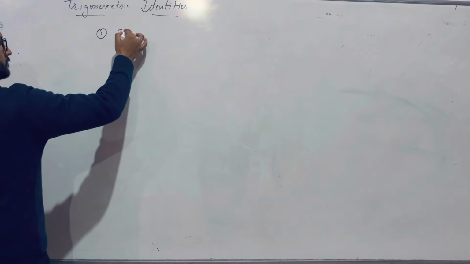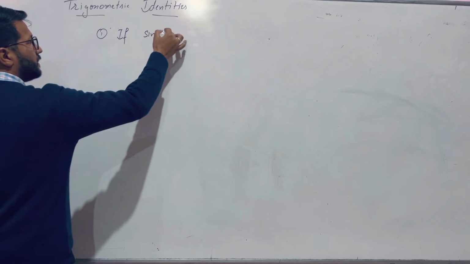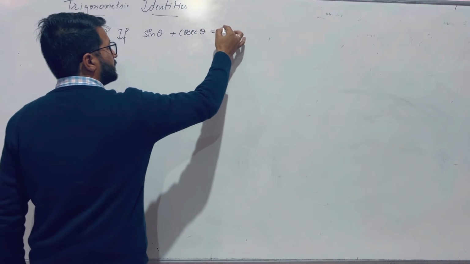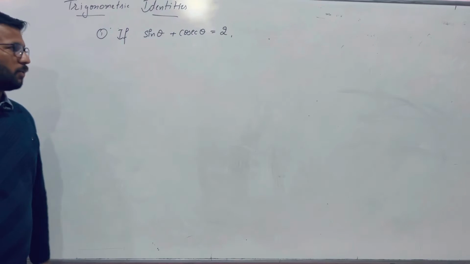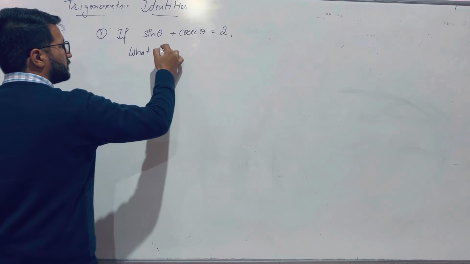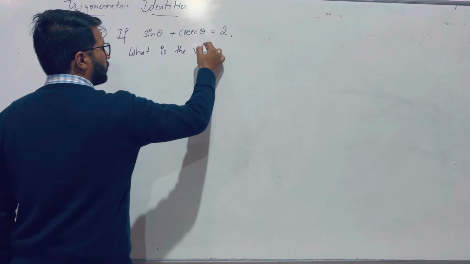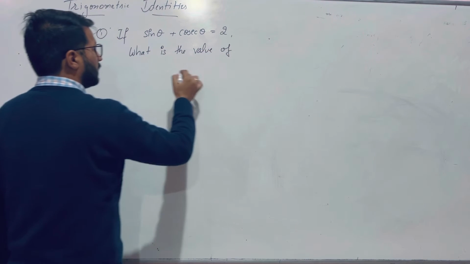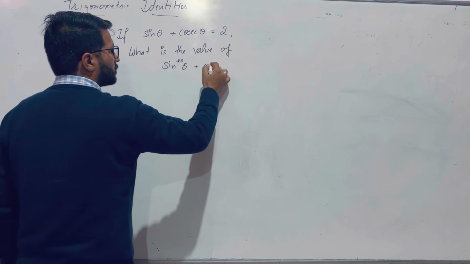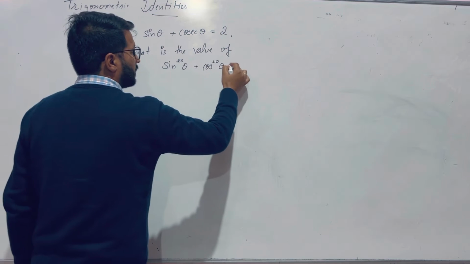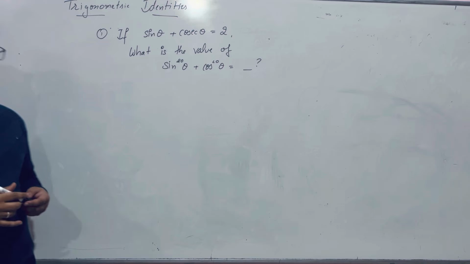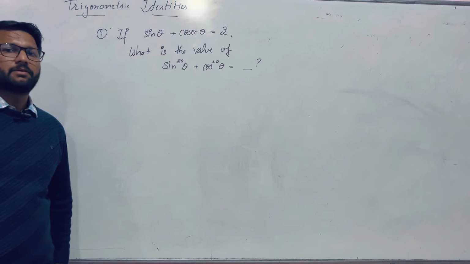If sin theta plus cosecant theta is equal to 2, then what is the value of sin की power 20 theta plus cos की power 20 theta? So you have to find the value of sin की power 20 theta plus cos की power 20 theta.